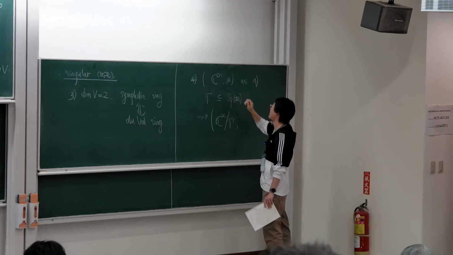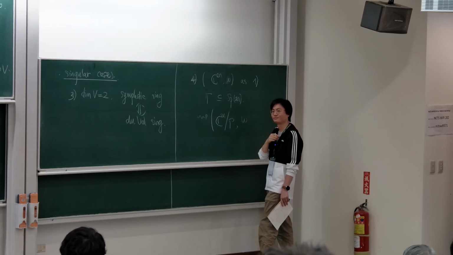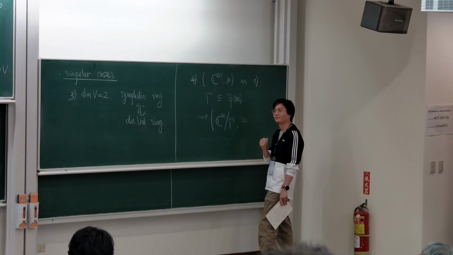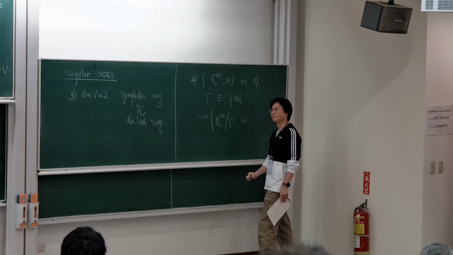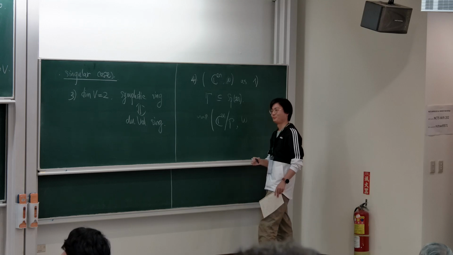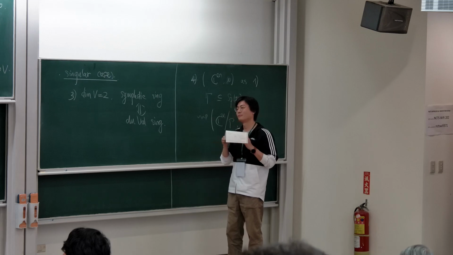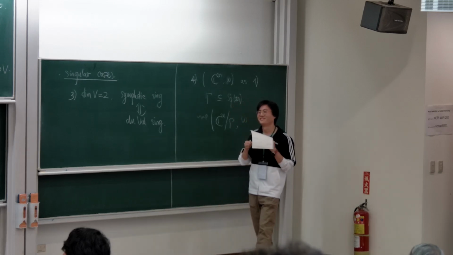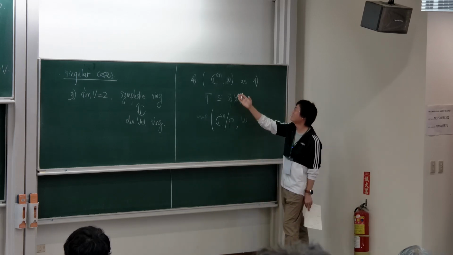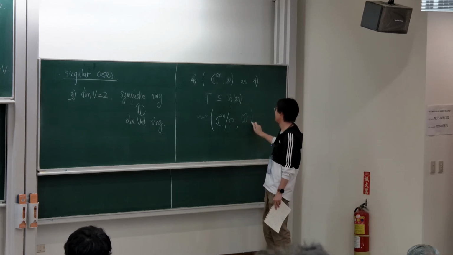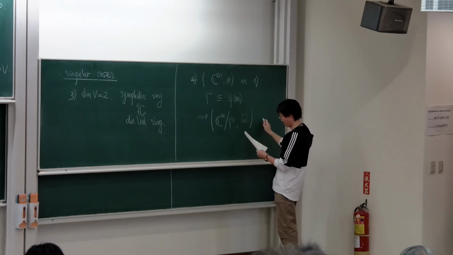And then this symplectic form descends to this quotient, so in general it gives you some singular symplectic varieties.